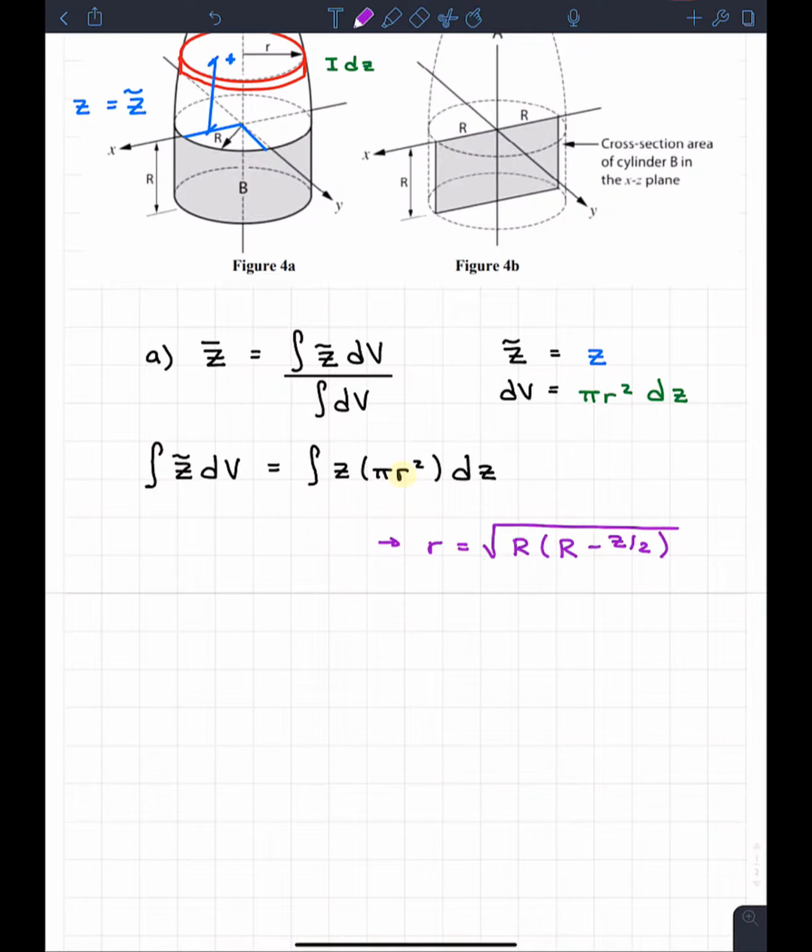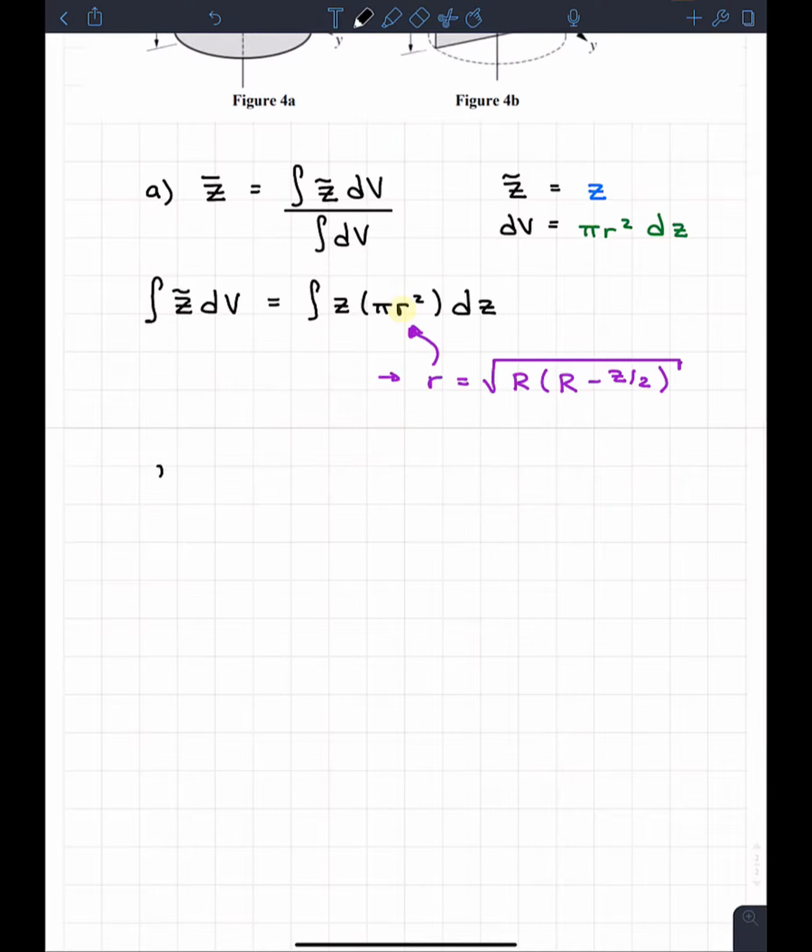So what I can do is I can now take this equation and substitute it in for r, and in the end, once we write down our equation, which I'll do right here, so after we do this, we'll have the integral of z, so the z at the front stays, and then we got pi, and now we have r squared, but we now know that r is equal to the square root of big R, and then brackets, big R minus z over 2, and then we'll end the square root.